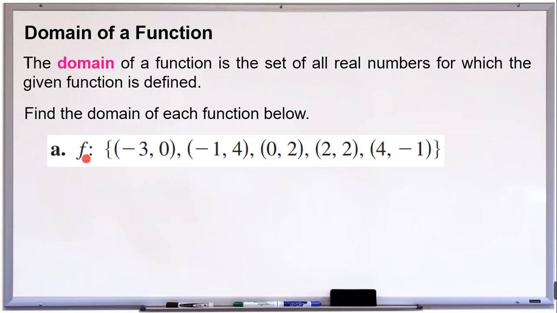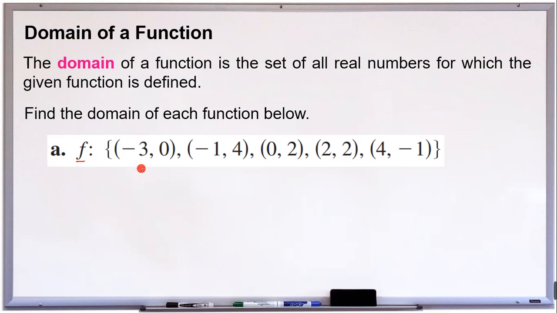We have a given function f whose ordered pairs are (-3, 0), (-1, 4), (0, 2), (2, 2), and (4, -1). Since by definition the domain is the set of all real numbers for which the given function is defined, for our first example the function is defined by these ordered pairs.